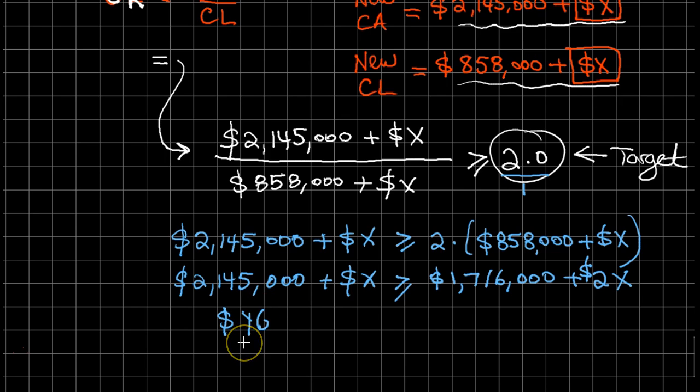I would like to say $469,000. I hope I'm not wrong. I will check that calculation at the last step, and then that should be greater than or equal to 2X minus X, which is just X. I have 5 minus 6, 4 minus 1, oh, that's wrong, that should actually be 429, I believe.